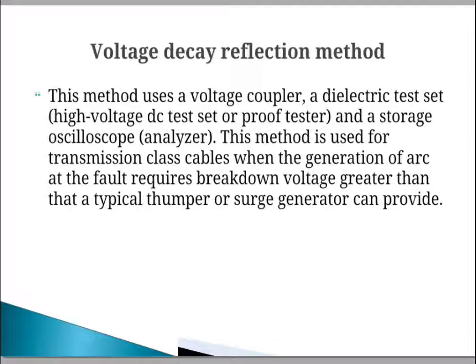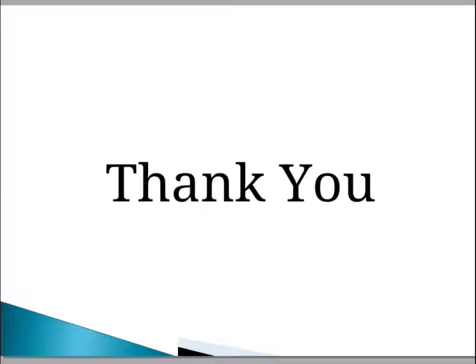The voltage coupler senses the reflection produced by the flashover of DC voltage at the fault, and the analyzer captures and displays them. These are the different methods to find the fault location in the underground cable.